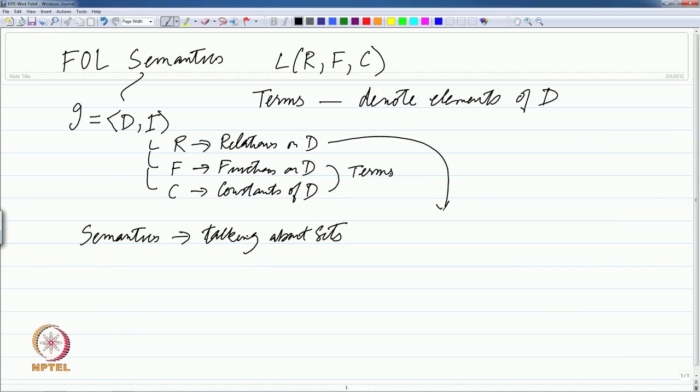So, depending on the domain that you have chosen, terms denote elements essentially, and predicates denote relations on D, and the simplest kind of predicates are unary predicates.